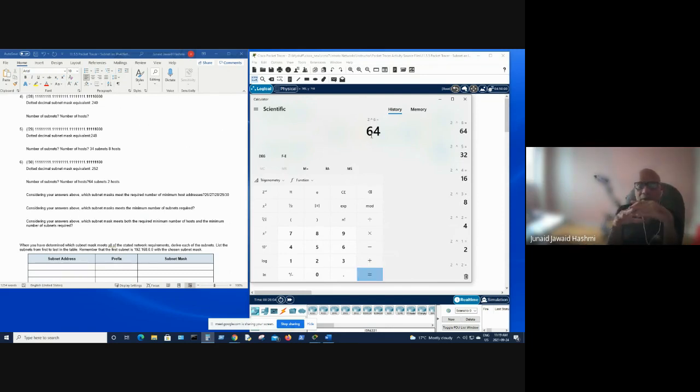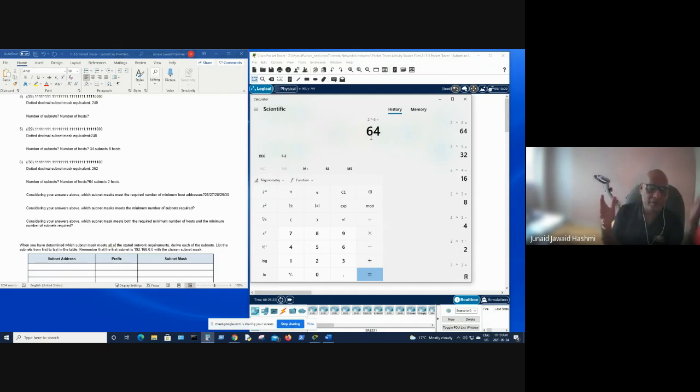You will never get the exact number of hosts. It's either less or more, so what you do is you go with more. Even though you need only 50 hosts, now you have 64, and the rest of the addresses you can use later on because you will probably add more devices to your network.